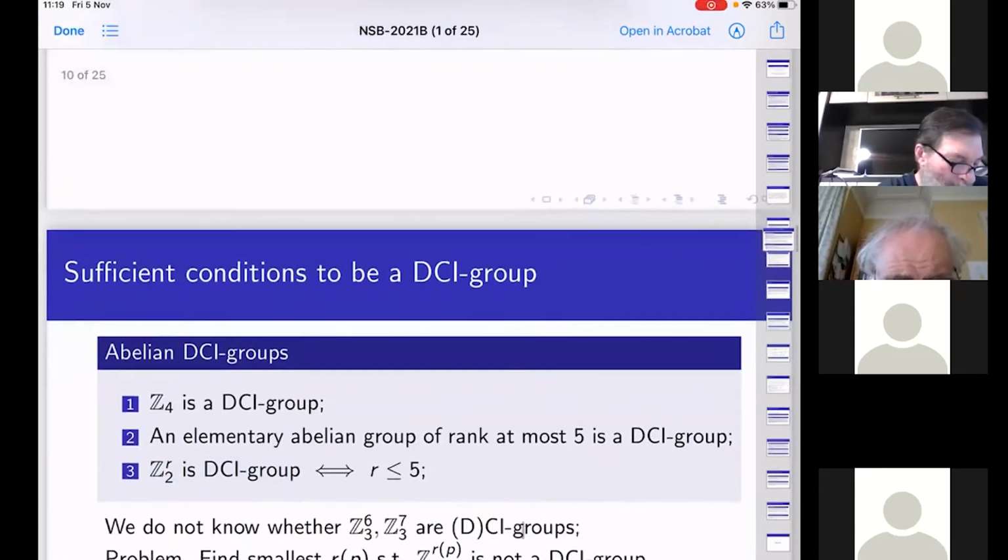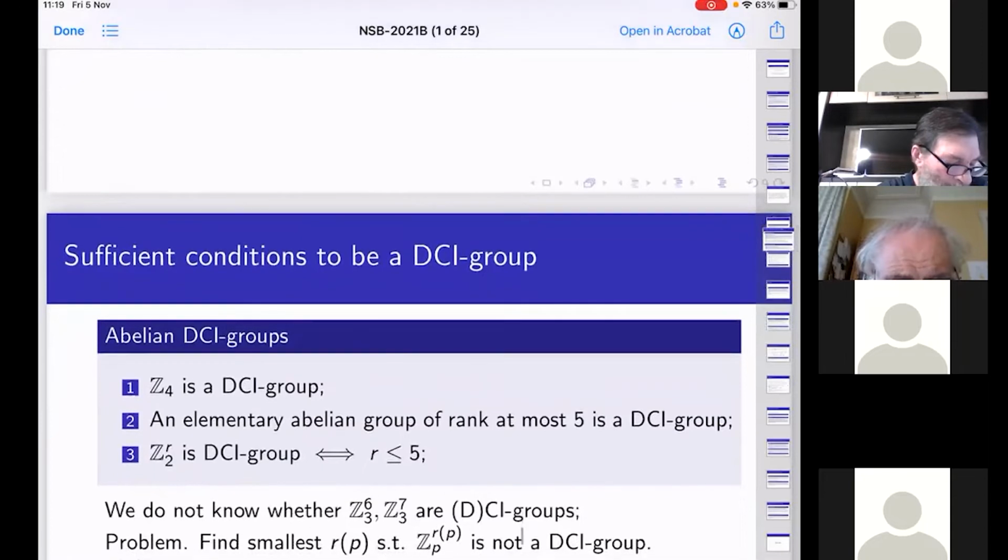Now, for characteristic 3, we know that Z3 to the 5 and lower rank is DCI. And we know, due to Pablo's figure, that Z3 to the 8 is not DCI. And for these two values, we don't know.